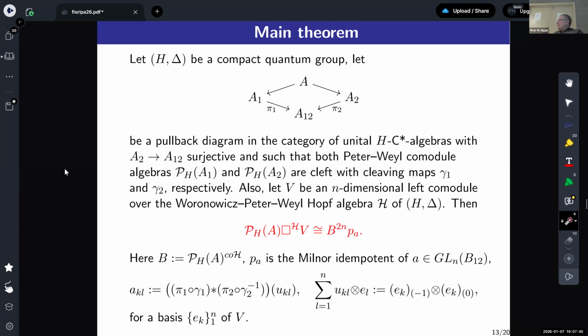So, if you want the Hopf algebraic explanation, I really land in the invariant subalgebra B12, not in Peter-Weyl of A12. Because remember, this is B12. I brushed it under the carpet. It's not obvious. It's part of a theorem that this is in B12.